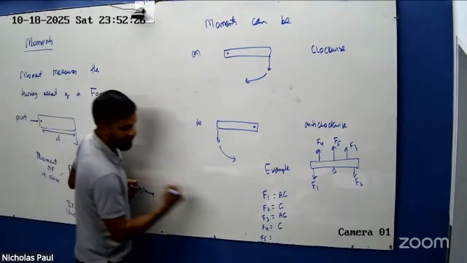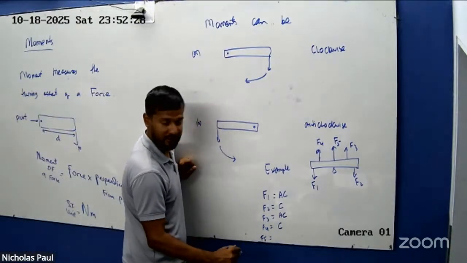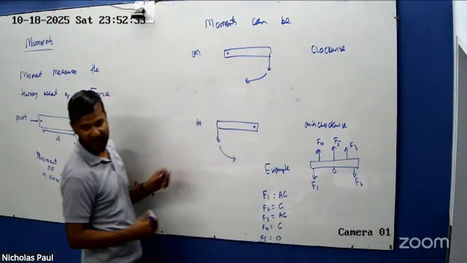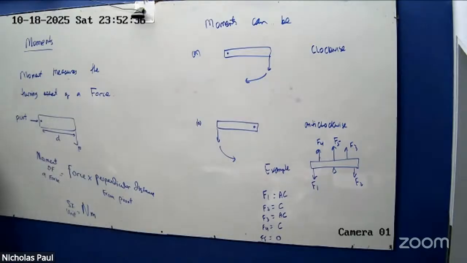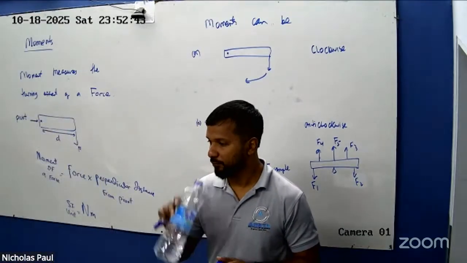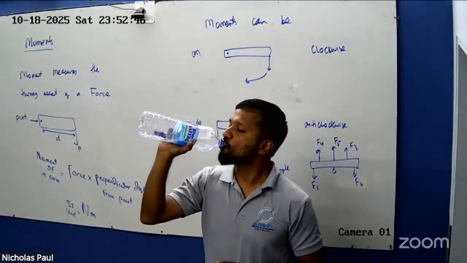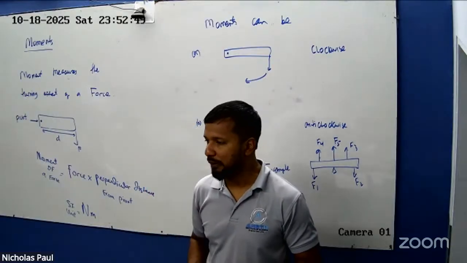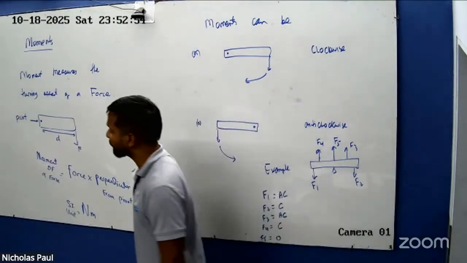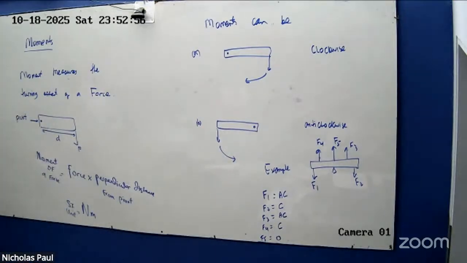So a force like this has no turning effect. F5 has no turning effect. Everybody okay with that? Next subheading, equilibrium.